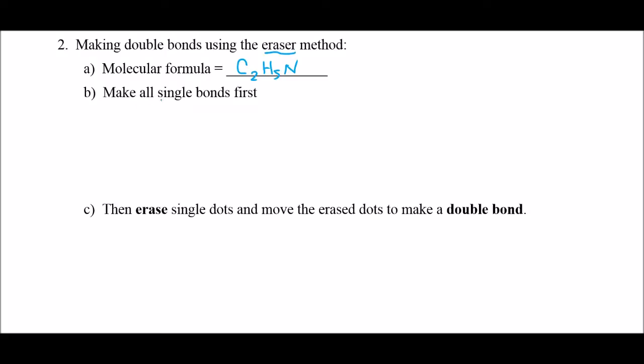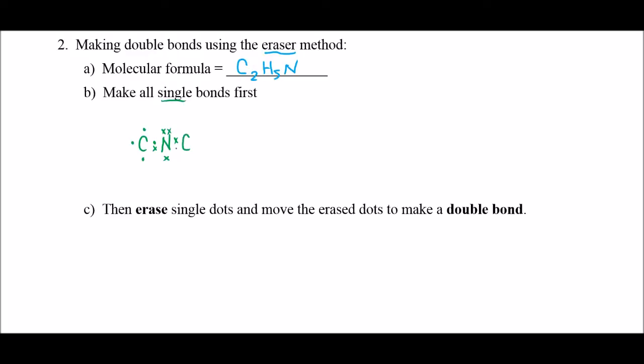This says make all single bonds first. So let's try that. Carbon. And then let's put a nitrogen next door. So I have 5 electrons for the nitrogen. You'll notice I'm leaving the hydrogens till the end. This is usually a wise strategy.